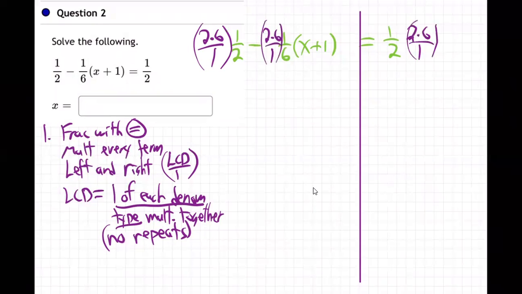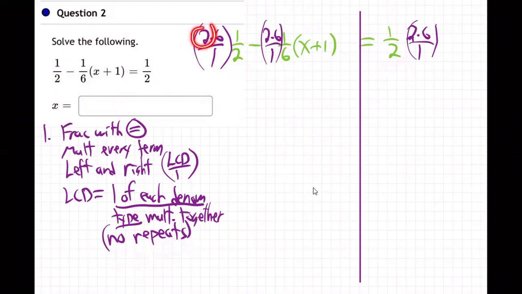How are we doing? Let me pause for a second. Does everybody see what I'm doing now? I just did 2 and 6 over 1. Why didn't I use both the 2's? Because I don't need to. I'm trying to do this as easy as possible. No repeats. Just 1 of every type. So if there is a repeat, you don't use it.